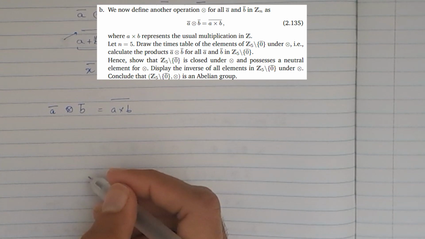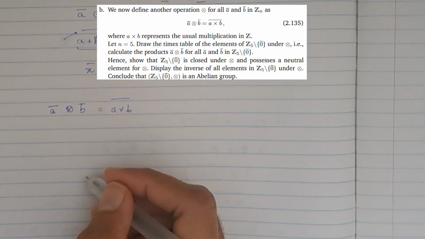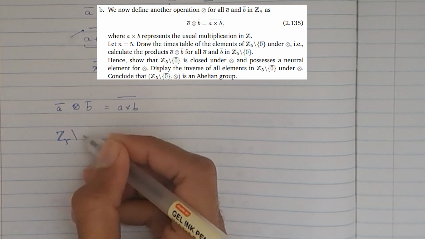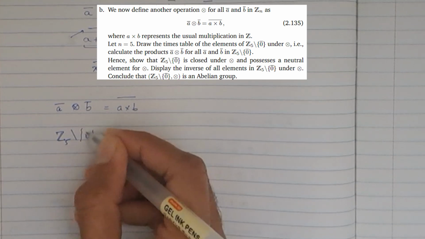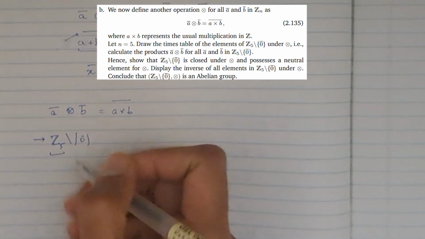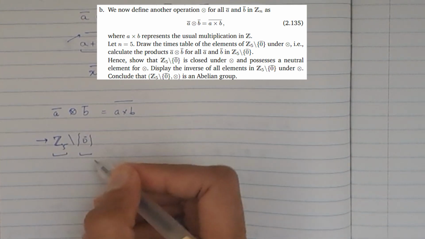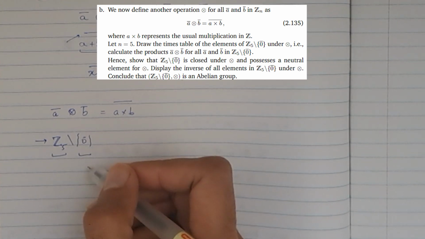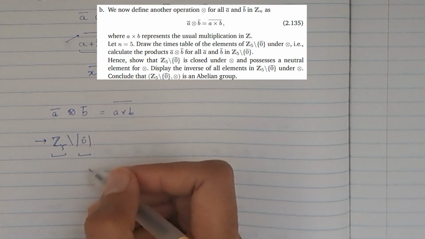Draw the times table of the elements of this, the set which has all the equivalence classes for n equals 5 excluding 0, under this product, and show that this is closed and possesses a neutral element. Display also the inverse elements. Conclude that this is an abelian group.